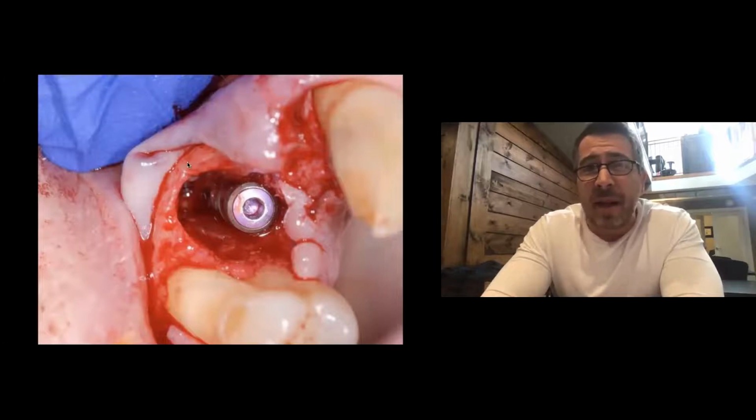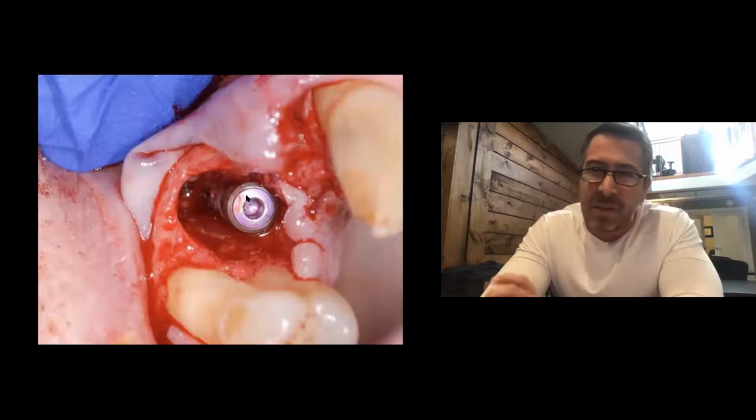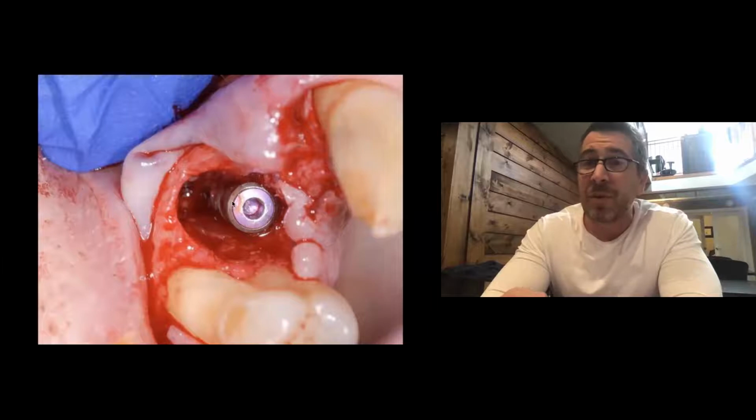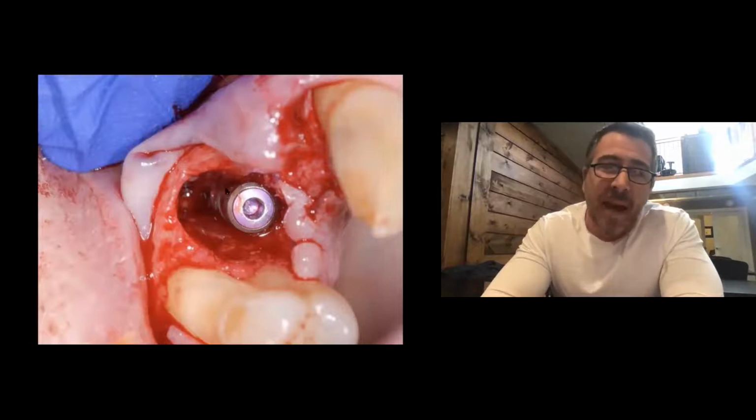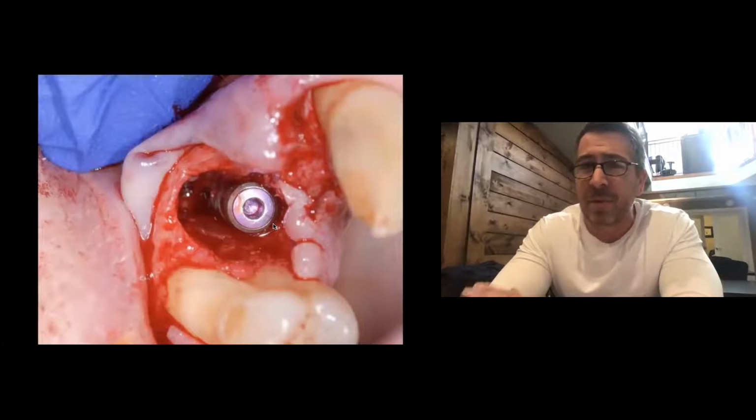In addition to that, imagine this facial tissue rolling over towards the palatal. It's going to give us an abundance of soft tissue, which will help us with our aesthetics when we go to do that final crown. So that to me is the proper spatial relationship of an implant from a buccolingual perspective and from a mesial distal perspective. And from the photo, you can't tell the apical coronal perspective. But that to me is an ideal position.